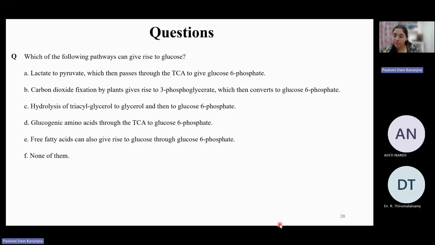A, B, C, D, E, and C, D. Okay. So A, B, C, D, E, and C, D.